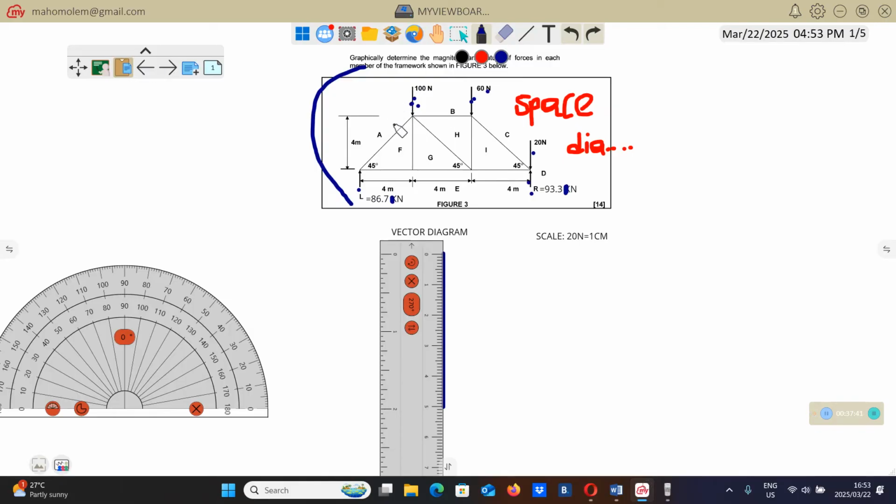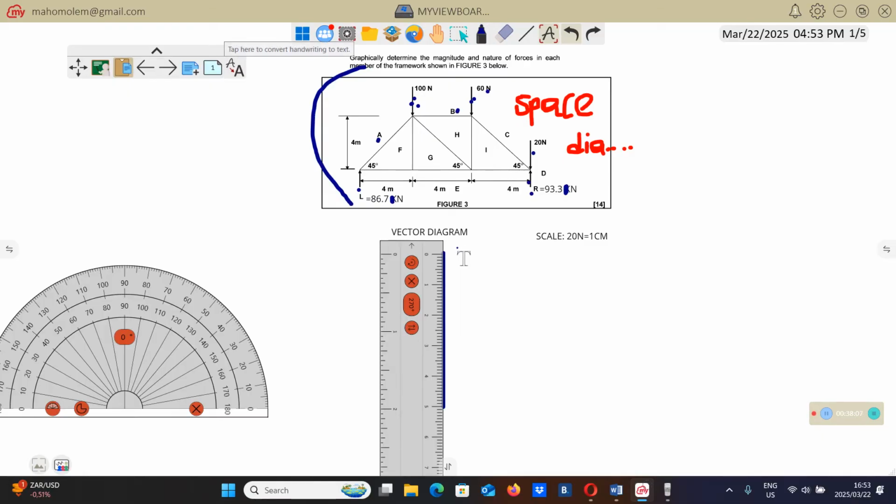Then when you check, this line is between space A and space B. Because this line of 100 Newton is located between space A and space B, we're going to call this line AB. So we're going to say this line is AB.